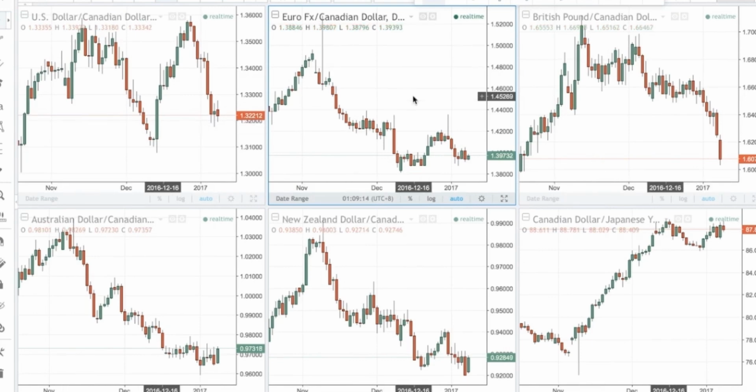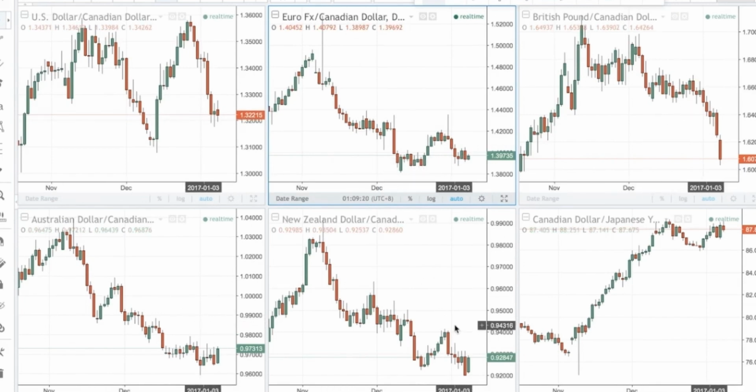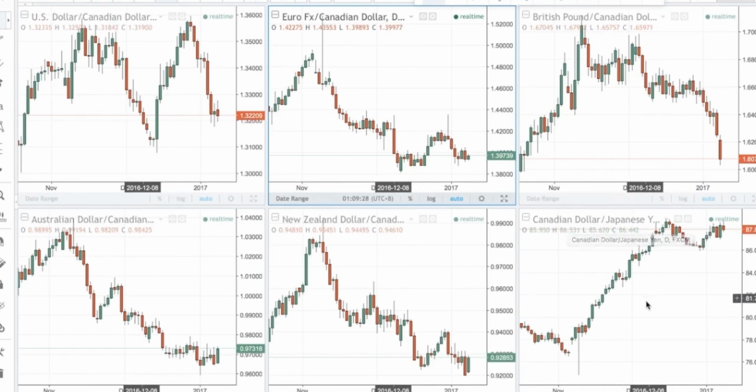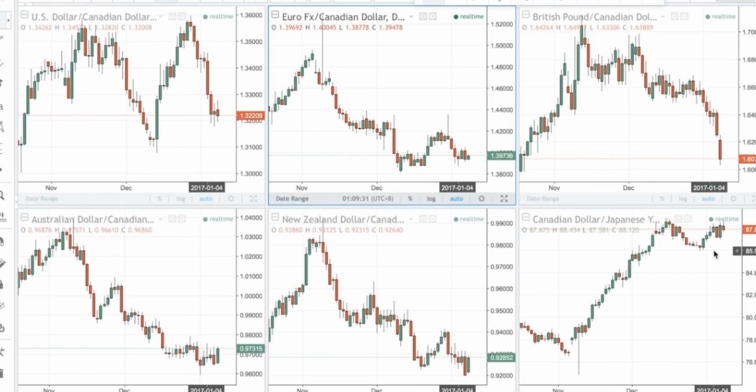Here again, CAD going downwards represents CAD strength, downward CAD strength. Here it's upwards, and in this area, CAD yen has CAD on the left side, which means an upward market represents CAD strength. Okay, so we've had 5, which means one of the pairs didn't agree or it was neutral.